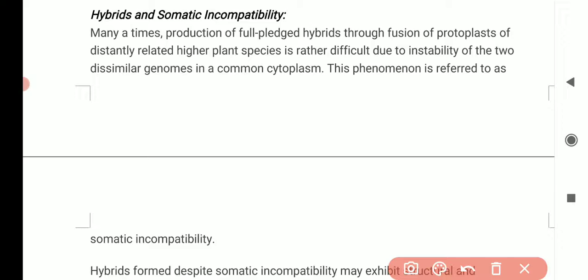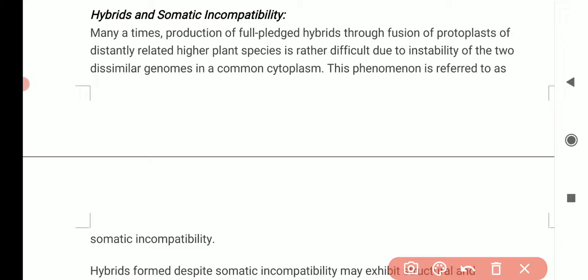So this is referred to as somatic incompatibility. You cannot produce hybrids when they are so far apart. Or even if you do produce them, they will not be full-fledged. They may survive up to a certain stage, but they will never grow and reproduce.